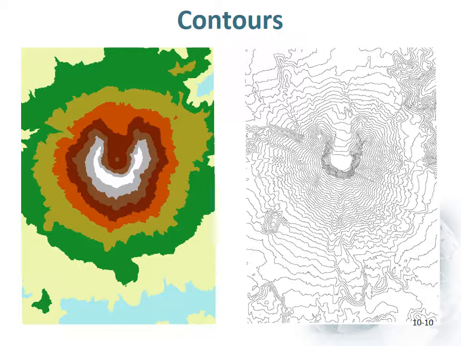You look at it, you can see the formation of a mountain peak and the depression or hollow where the volcanic eruption blasted out the top of the mountain and the northern slope of the mountain. Over on the right is the contour depiction of the same thing.